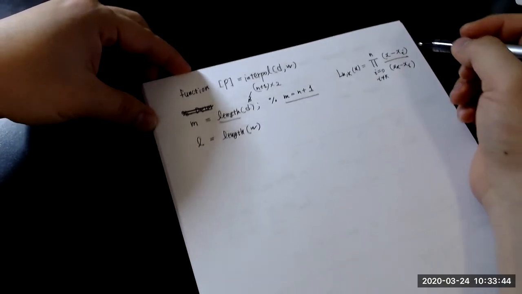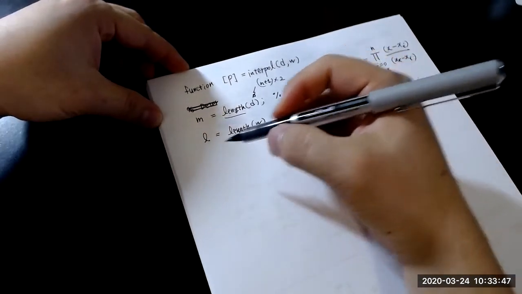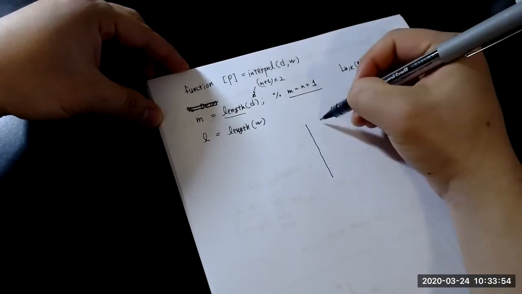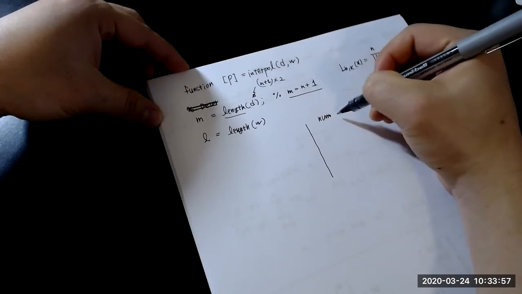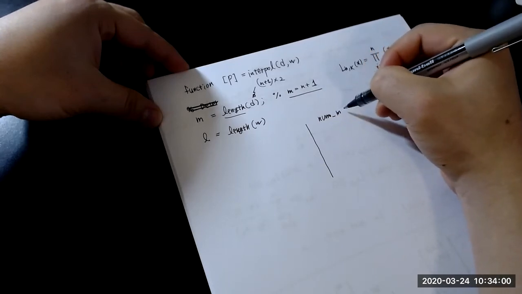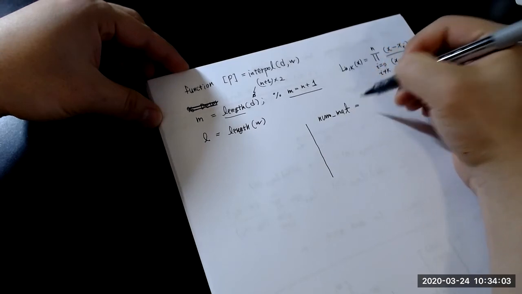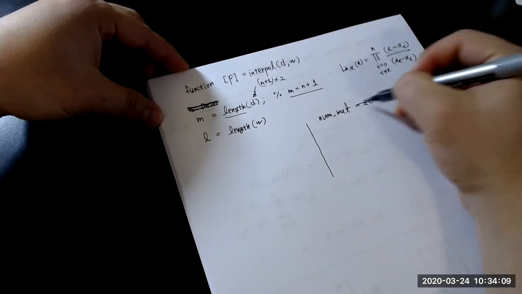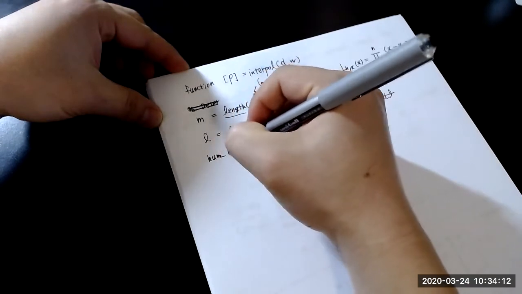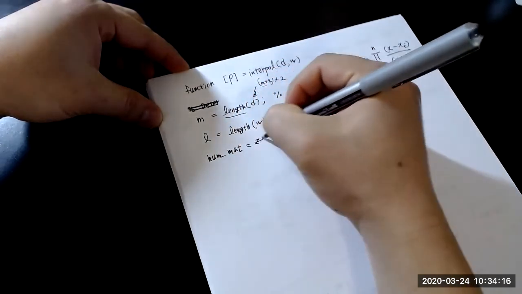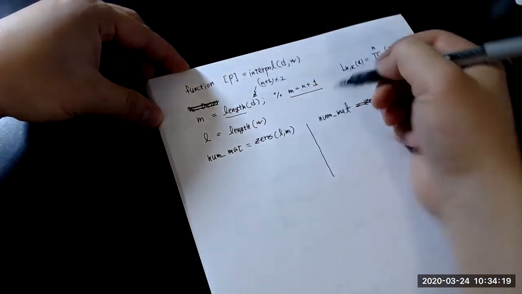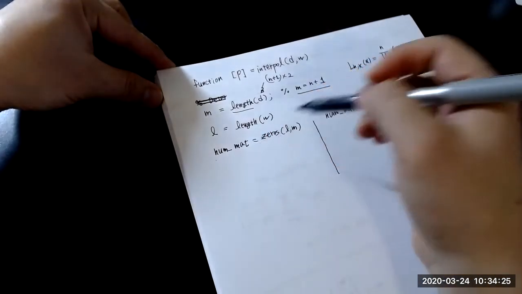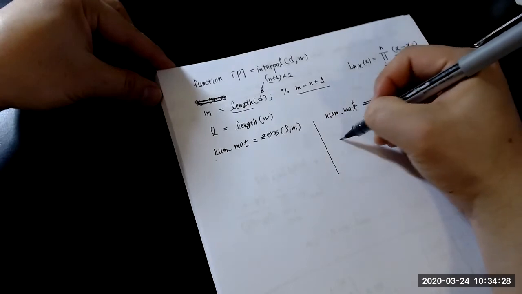First, the numerator. We're going to designate NUM-MAT, which is equal to zeros of L comma M. What does NUM-MAT represent?